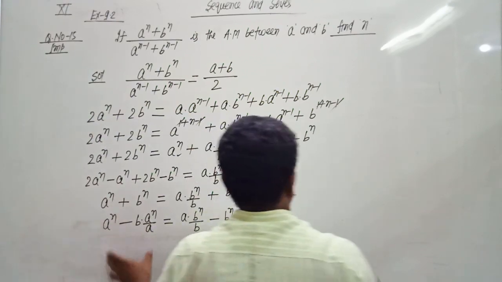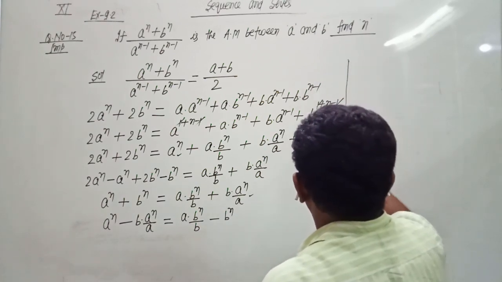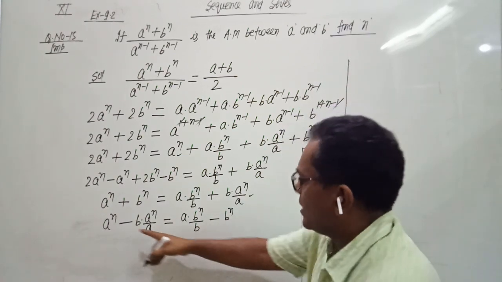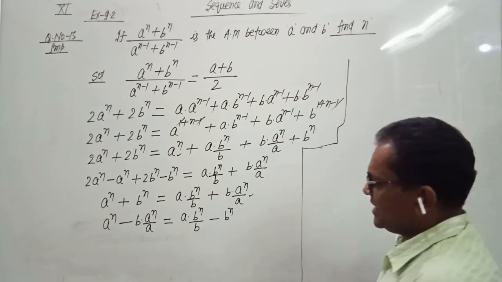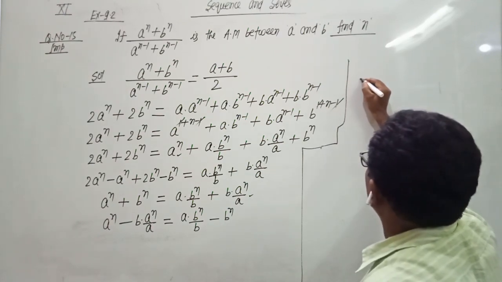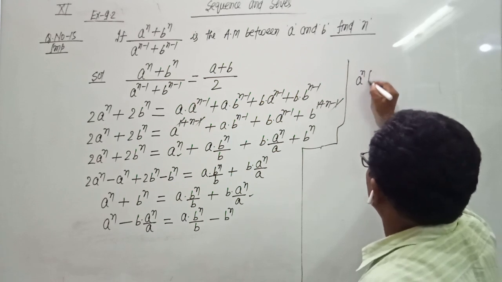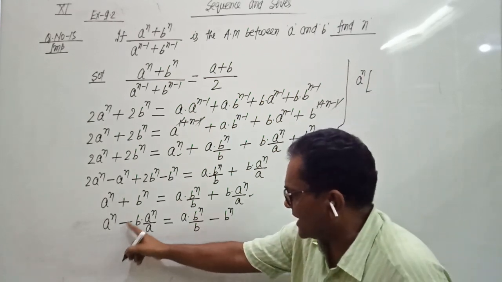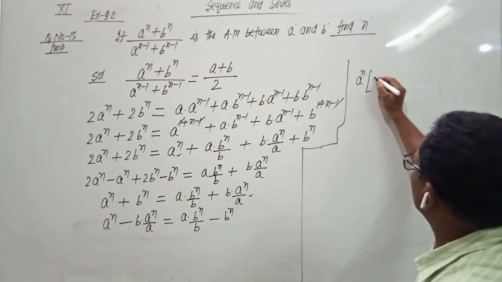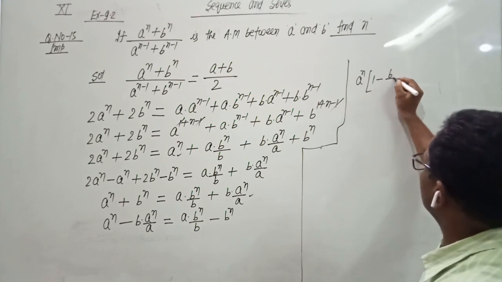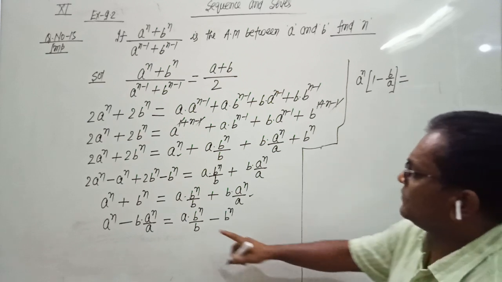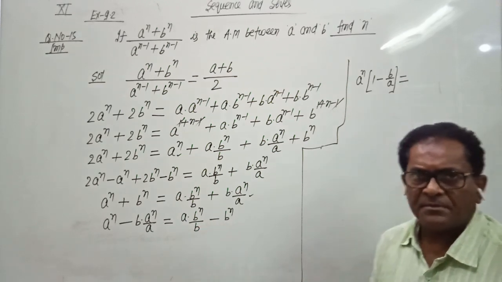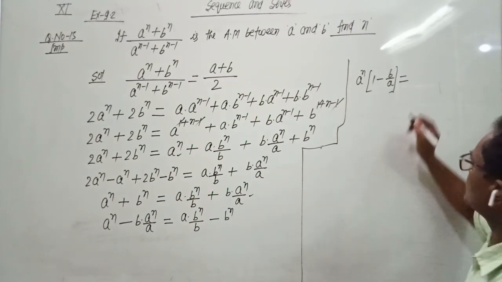Now from these two terms, there is common a^n, we take it common. So we get 1 minus b by a, equals, from these two terms, b^n is common.